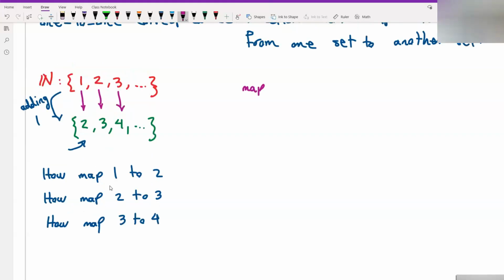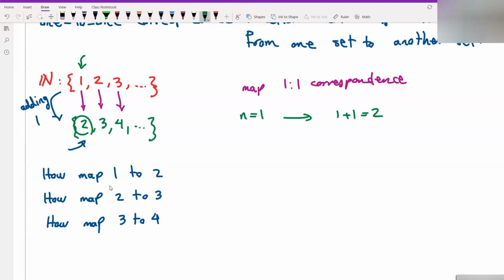So we're trying to map and use one-to-one. Instead of writing one-to-one, in words we can write it this way: one-to-one correspondence. The starting point here is 1, so I have to add 1 to find the number in the other set, which is 2.